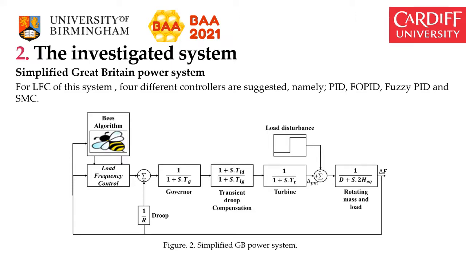The parameters of the system are taken from recently published works to study the dynamic response of the system based on the proposed controllers. A load disturbance of 0.0395 per unit, which represents a loss of generation units equal to 1.2 gigawatt, is applied to the system.